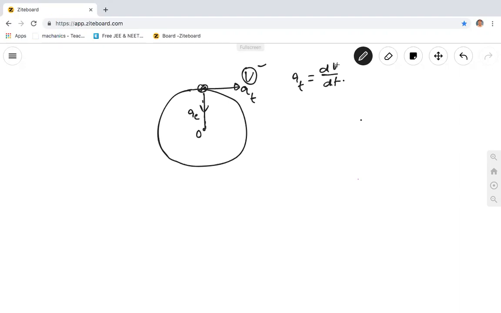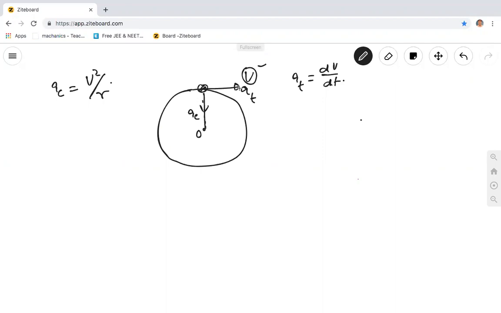In uniform circular motion, speed was constant, therefore AT was zero. There was only AC, which is v square by r.